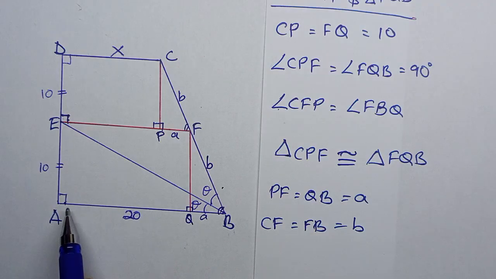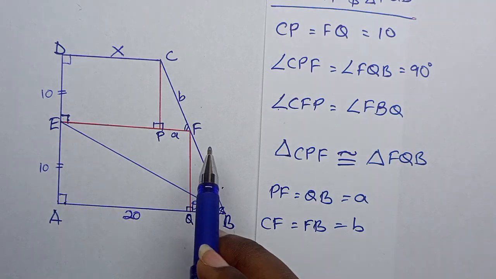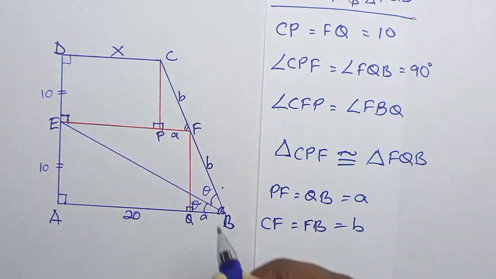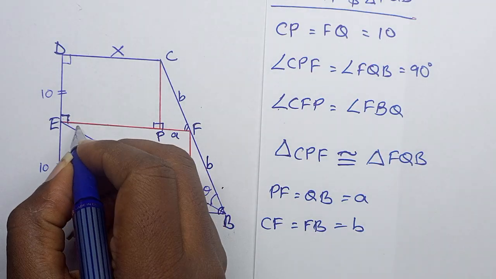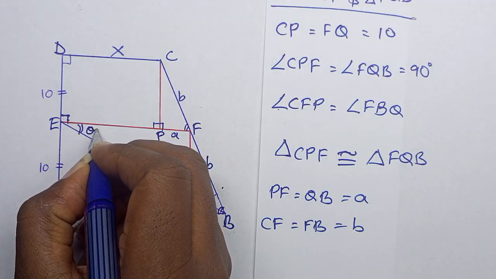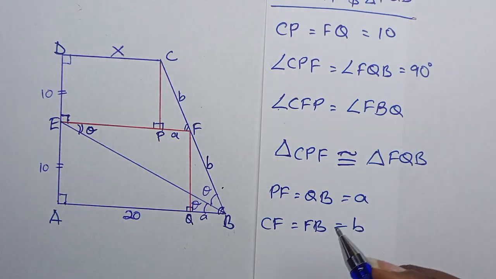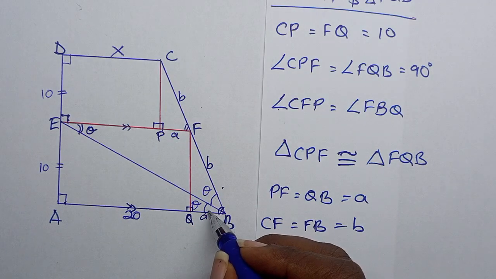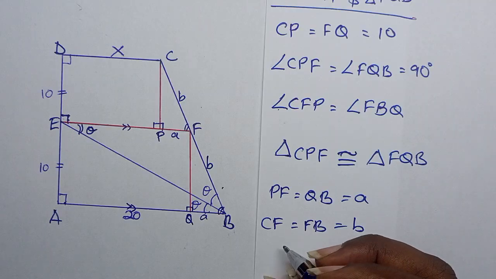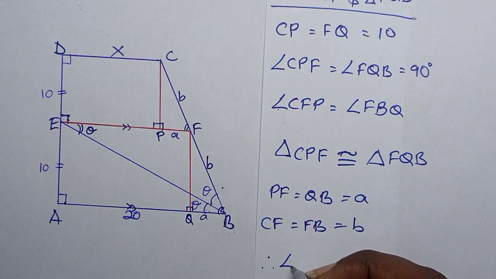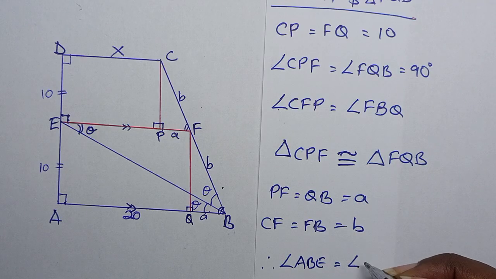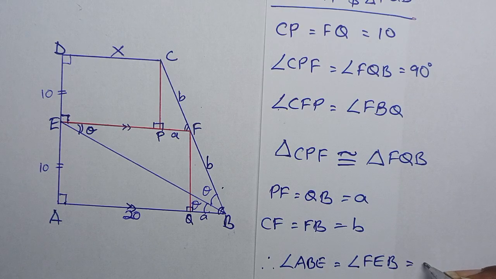Again, since this line AB is parallel to this line EF, and this angle, we know that it's theta, then also, because of alternate angles, this will also be theta, just because these two lines are parallel. Therefore, angle ABE is equal to angle FEB, which is equal to theta.